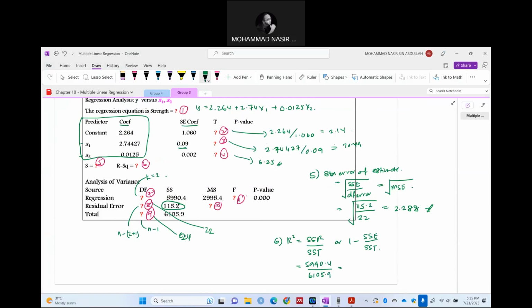This one should be equal to 98.11%. So it means that 98.11% of the total variation in Y, which is strength, can be explained by X1 and X2, right?